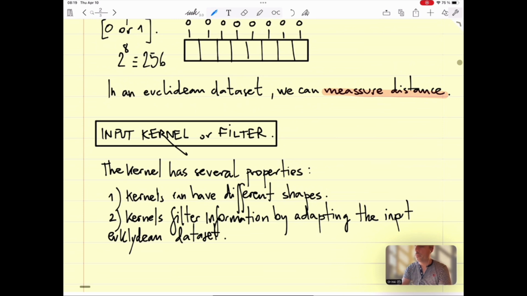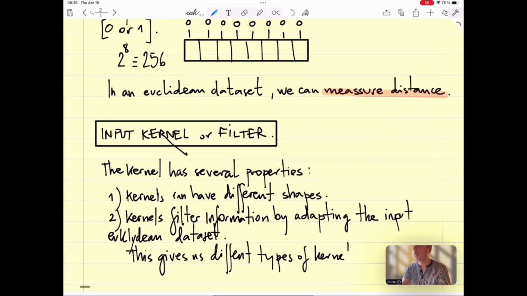So this gives us different types of kernels.